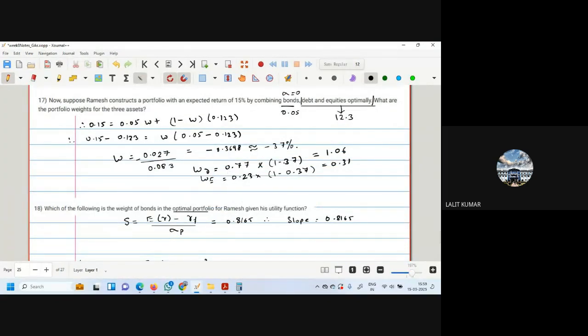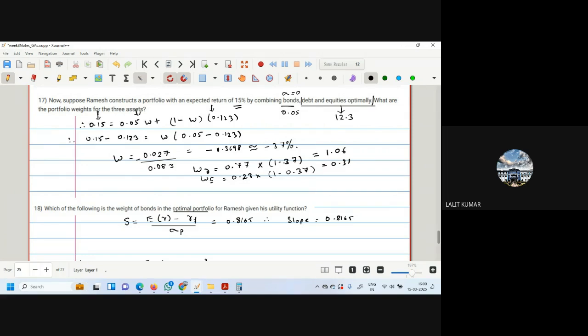Now they say suppose Ramesh constructs a portfolio with an expected return of 15% by combining bonds, debt, and equity. They are saying that now they will combine everything. So what are the portfolio weights for the three assets? So how do you solve this? So 0.15 will become weight of risk-free and 1 minus W into risky asset.